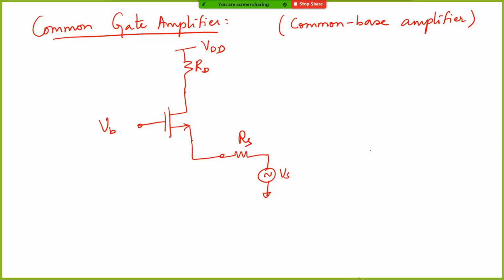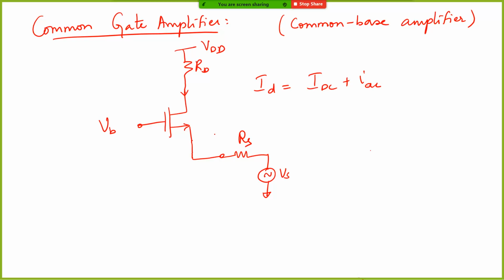Now there is a problem here in the sense that the drain current, right? So ID is made up of IDC plus IAC, right? Now the small signal current is of course flowing through the source, right? But where will the DC current flow? All right.